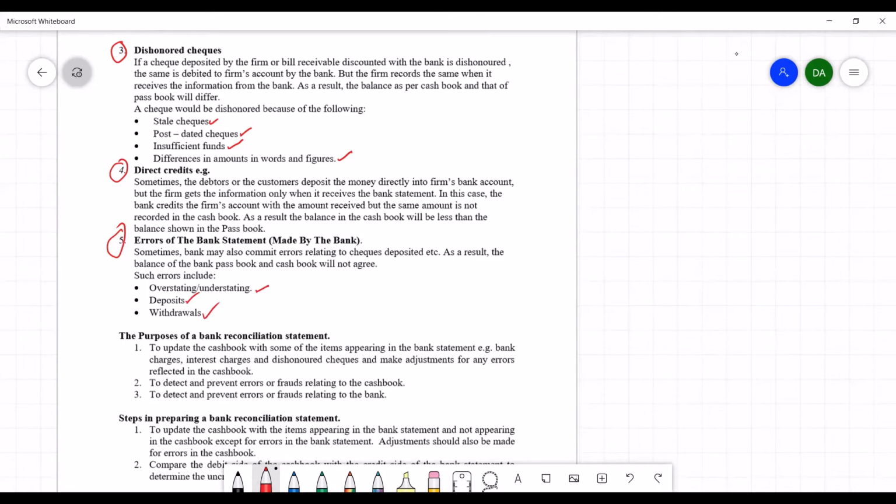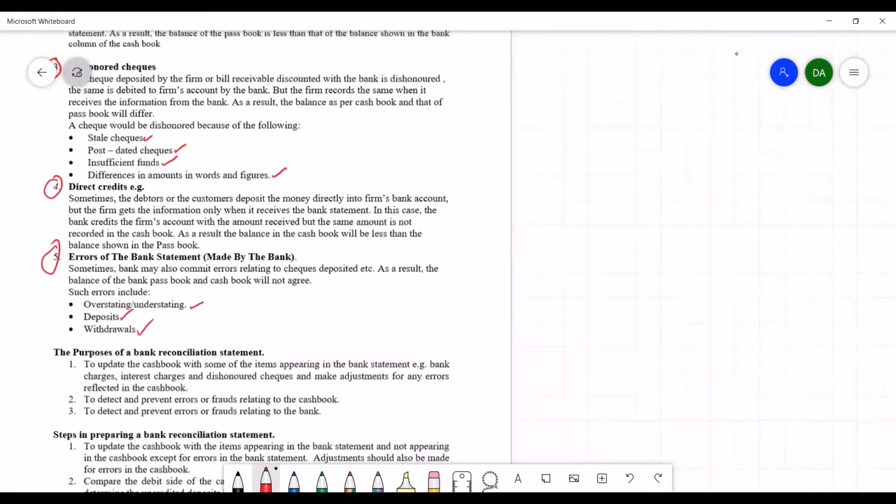Because of this, there is need for bank reconciliation. A bank reconciliation statement is prepared to explain and find out this particular difference. That gives us the following purposes that the bank reconciliation statement needs to fulfill.